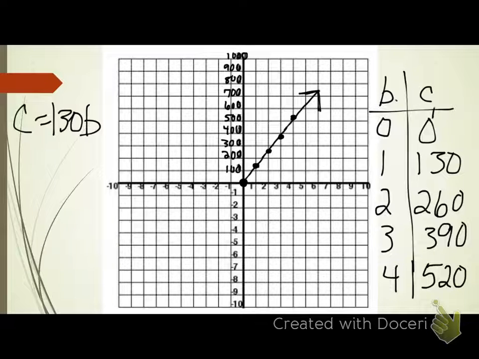Does that make sense? So, what we were saying earlier, this is a constant rate of change. If I go up 50 and over 0.5, that's still a constant rate of change, right?